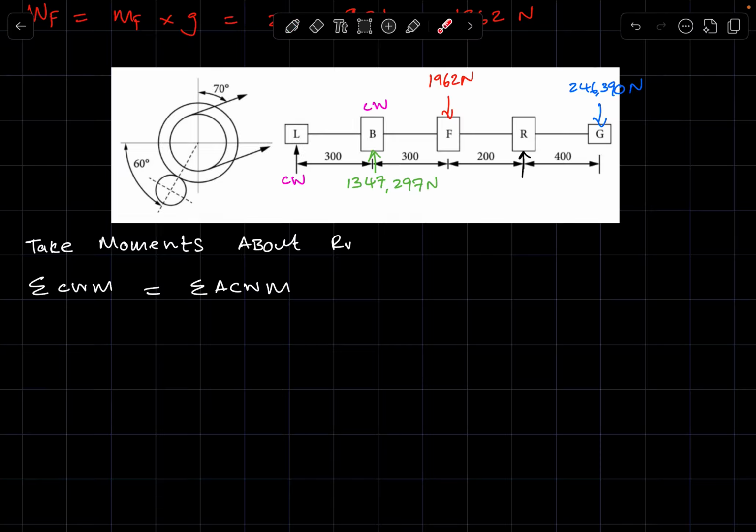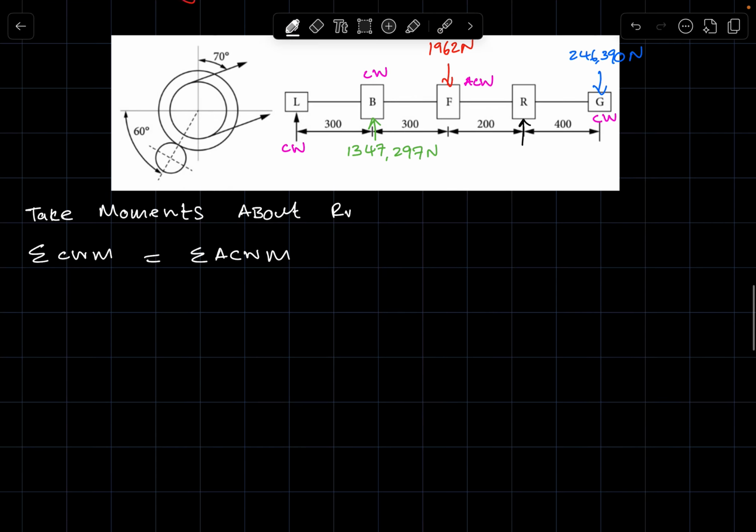The flywheel will have an anti-clockwise turning effect. And then this component of the normal force will also have a clockwise turning effect. So three of these forces have a clockwise turning effect, whereas the weight of the flywheel has an anti-clockwise turning effect.